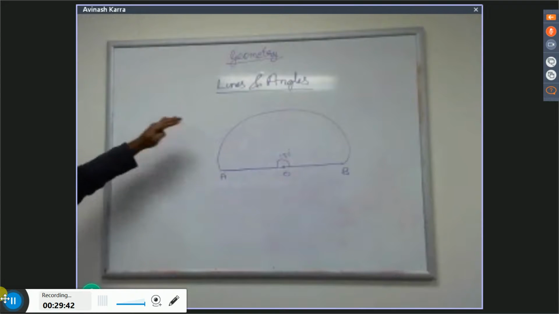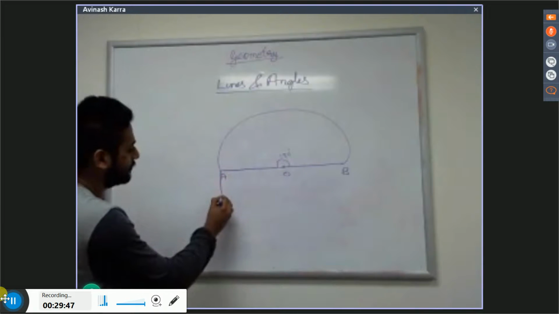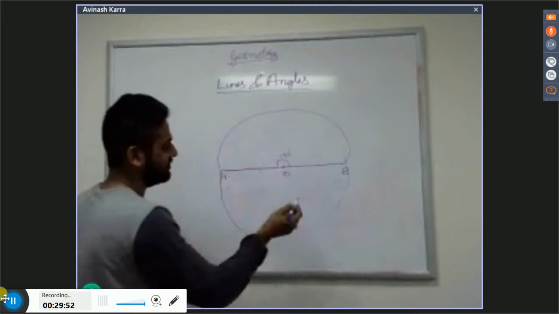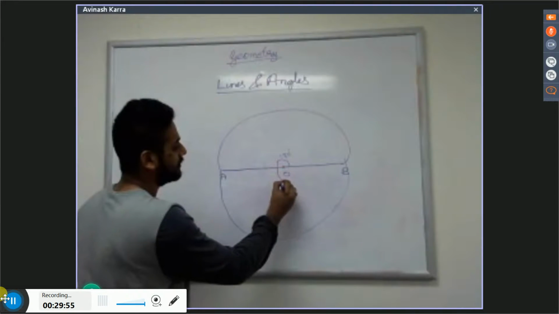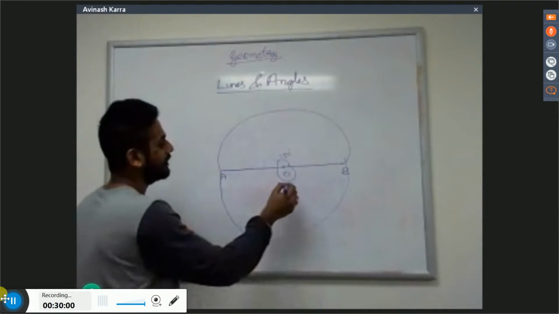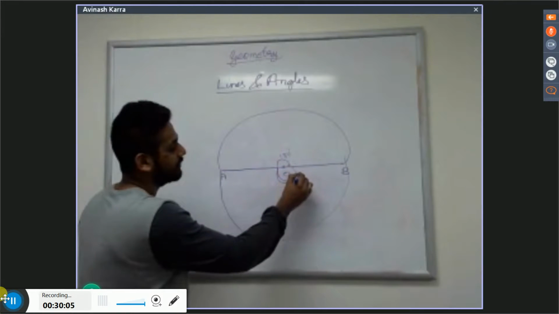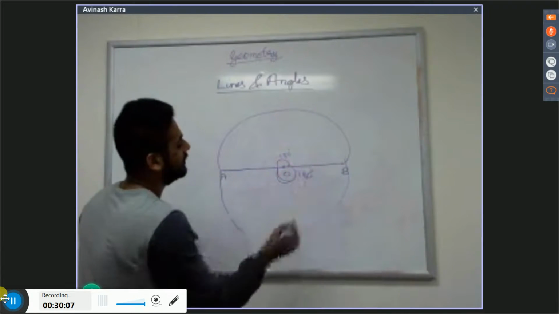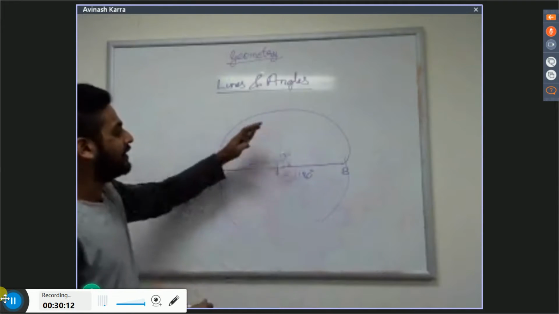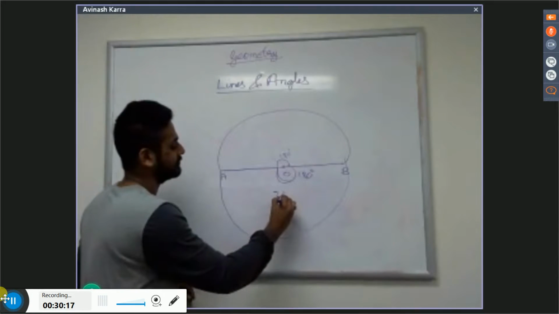If I draw one more semicircle to the bottom, of course it won't appear like a circle, but just try to consider it as a circle. So what will be this angle? All together it will be 360, but from here to here, 180. So what is the overall angle of a circle? 360.